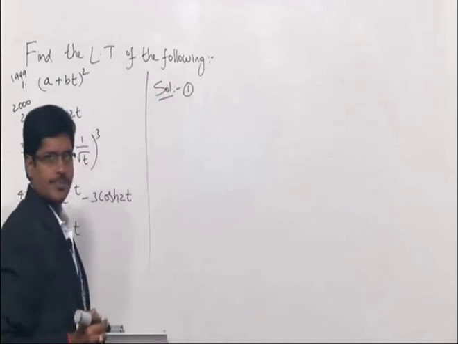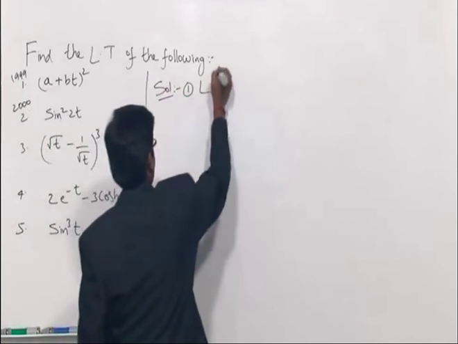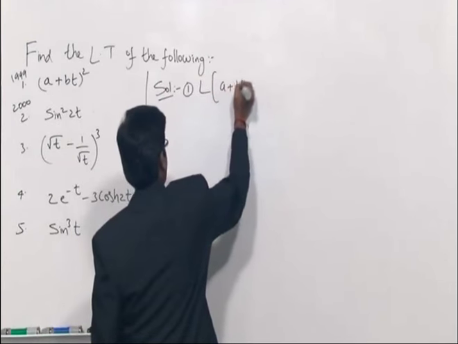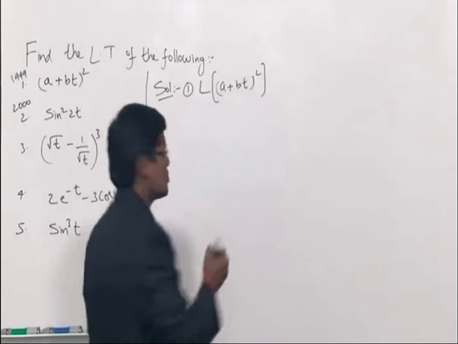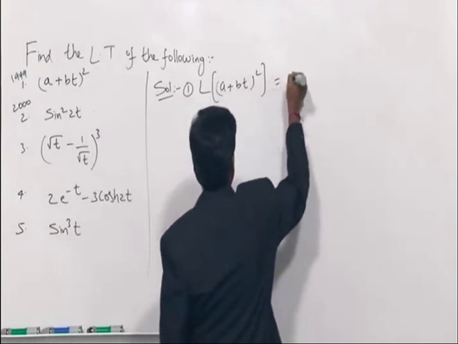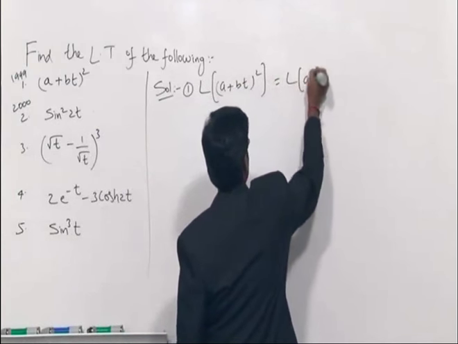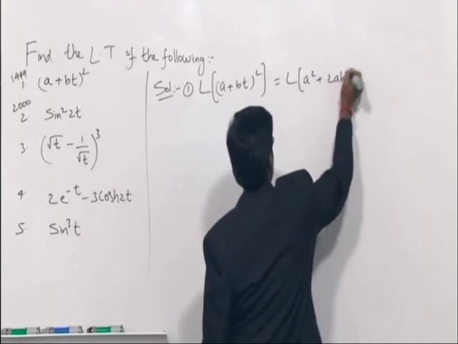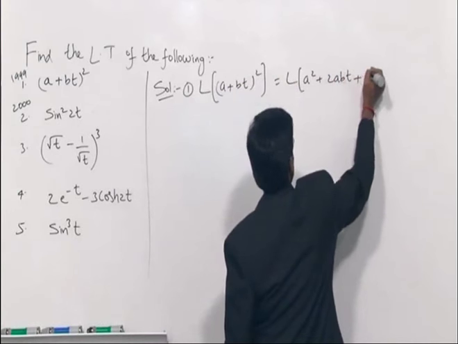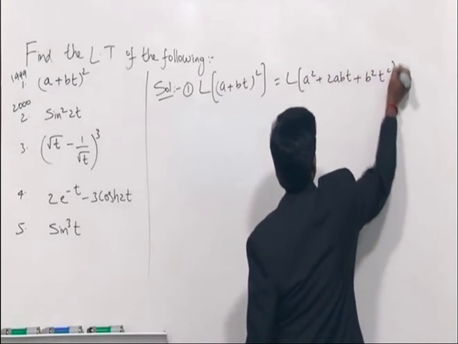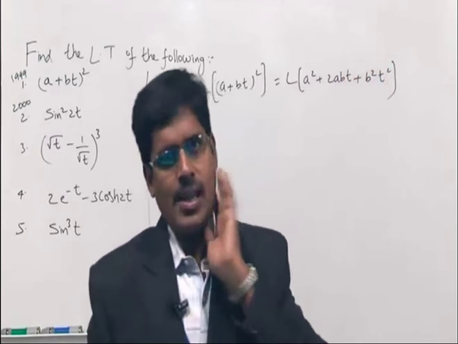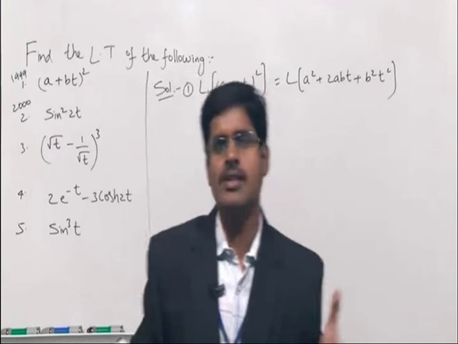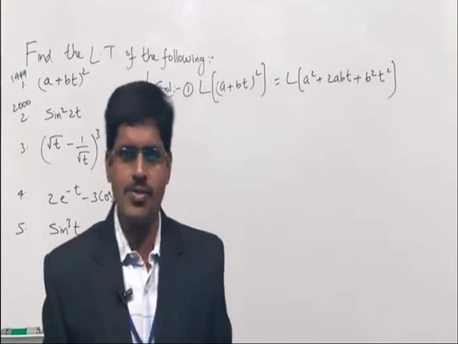First one, L of a plus bt whole square, a, b are constants. So expanding using a plus b whole square, which gives a square plus 2abt plus b square t square. So here sum of 3 terms, Laplace can be expressed as the sum of their Laplaces, that is L is applicable to each of the terms whenever it is in sum or difference of the given terms.